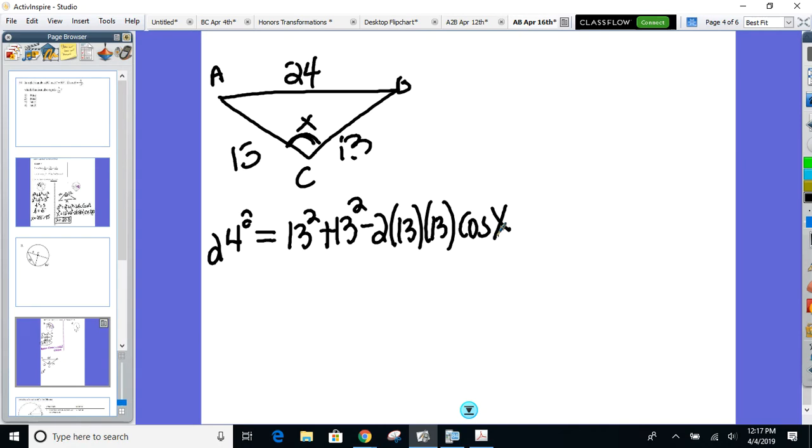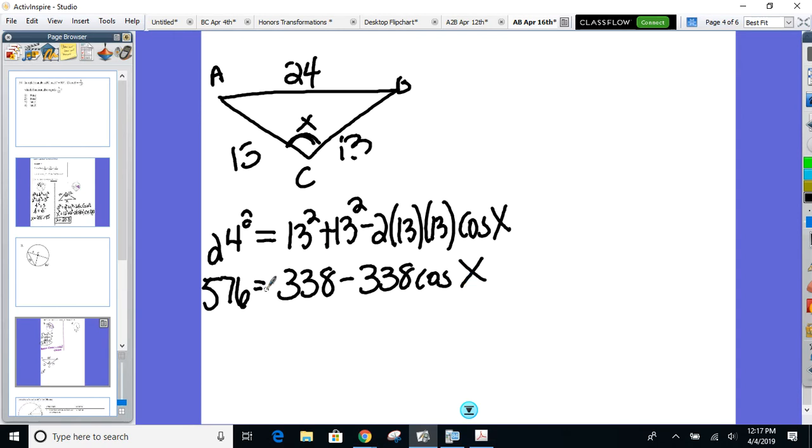All right, not too sure if we remember this or not, but now we got to go piece by piece. So 576, 13 squared plus 13 squared is 338. Minus 2 times 13 times 13 is also 338 cosine x. I want to remind you guys, this is when I went nuts in class a couple units ago.